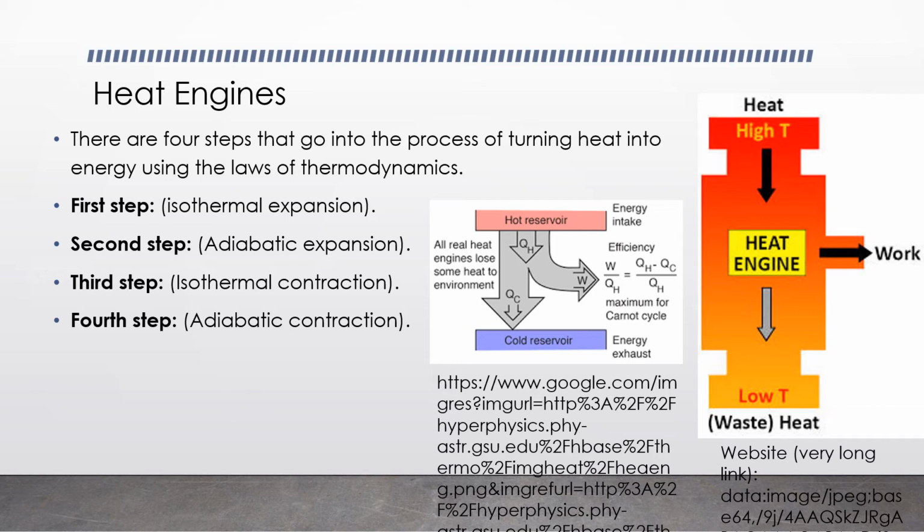And then that creates the expansion. In the third step, this is the process of cooling the pistons. This makes the pistons retract back to their original position before the gas was used. And the fourth step, this keeps the cycle between heating and cooling and makes the pistons move back and forth. So when the heat goes to a lower heat, it creates work, shown in the picture on the far right.